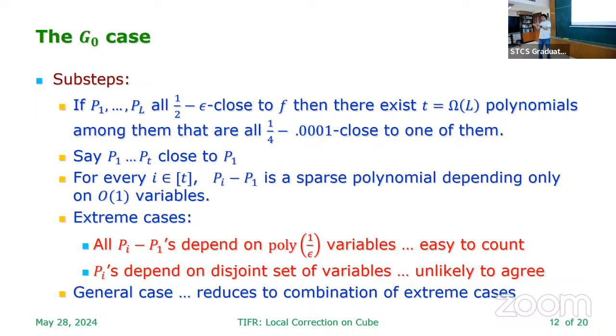The only way you can get lots of different things is if you have one polynomial depending on one variable, the other one depending on another variable, the other one depending on another variable, etc. They're all distinct variables. Then when you pick a random value, the probability that they're agreeing is very, very small. So these are independent variables. You can do some sort of case analysis at this stage and deal with all of those.